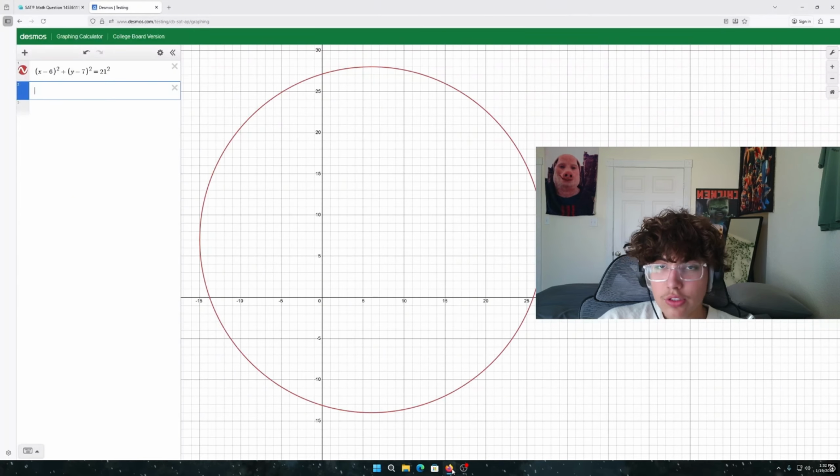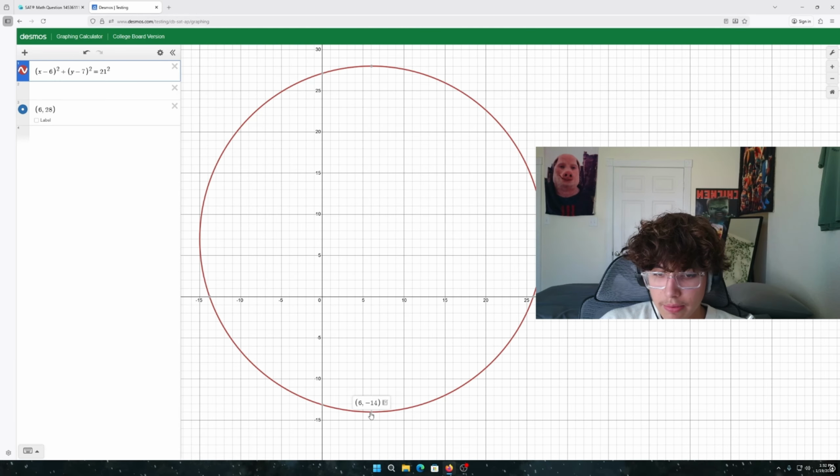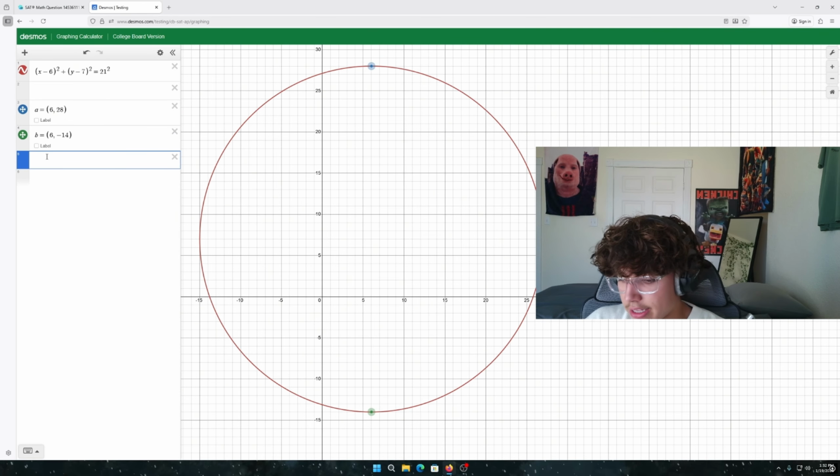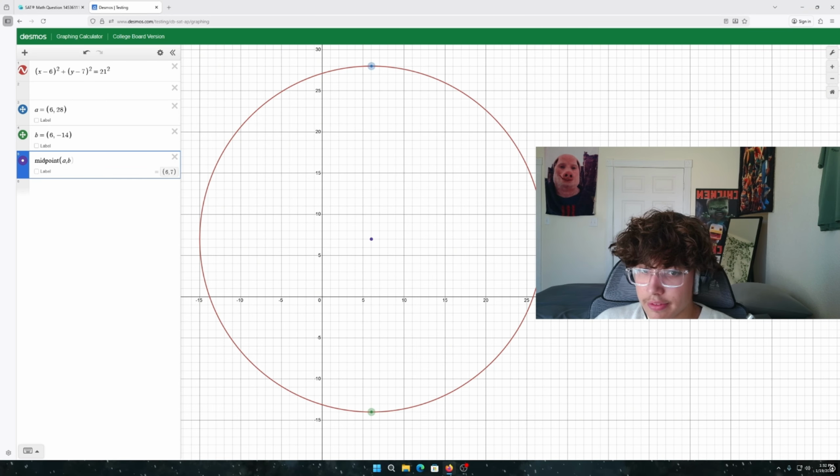Circles. Let me show you everything about a circle. You can click the top and then export it onto the table. Export it. And then you can set this to equal A, this to equal B. And then you can find the midpoint between A and B. And 6, 7 is the midpoint.